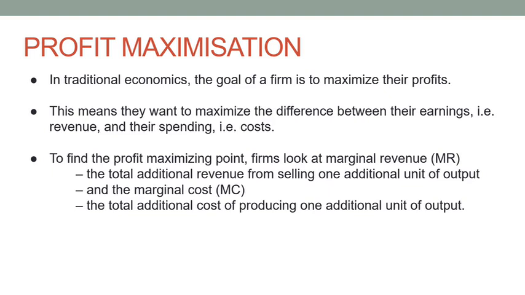So to find the profit maximizing point, firms look at marginal revenue. Remember, what did we say? What is marginal revenue? It is the total additional revenue from selling one additional unit. And the marginal cost is the total additional cost of producing one additional unit. Okay, so they want to maximize the difference between those two.